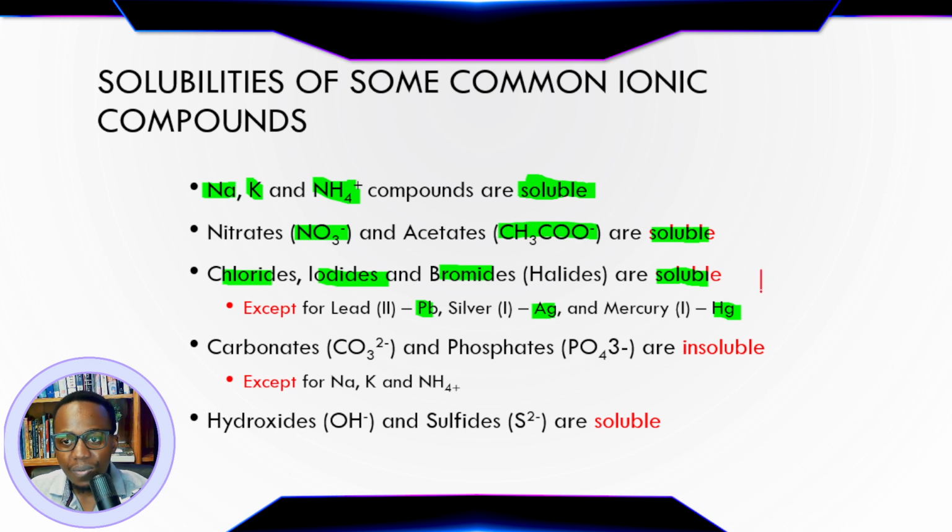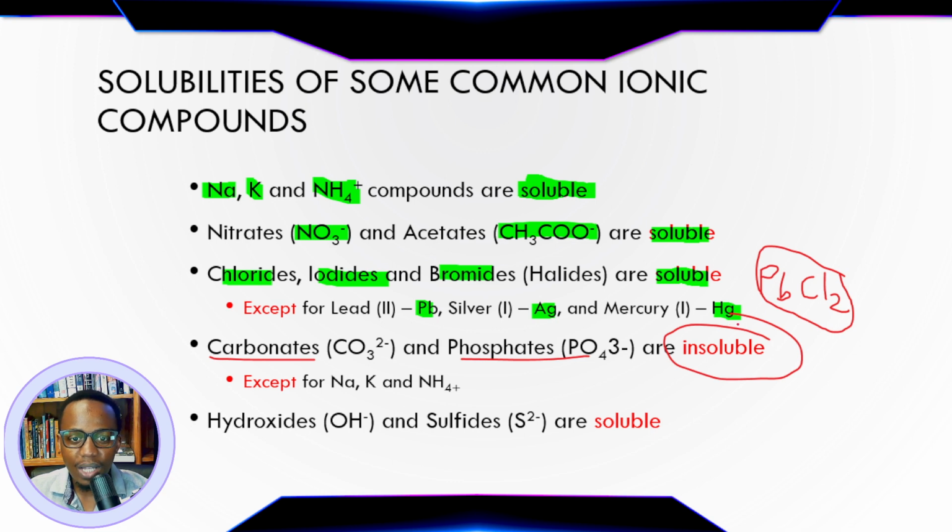But if you have lead, for example, PbCl2, this is going to be insoluble. Okay. And then carbonates and phosphates are usually insoluble, right? An example that I always give is chalk.